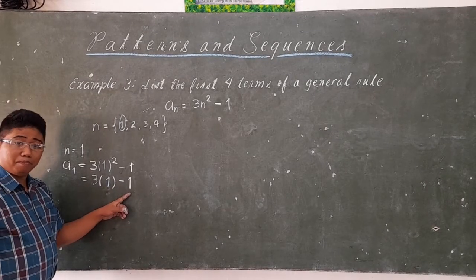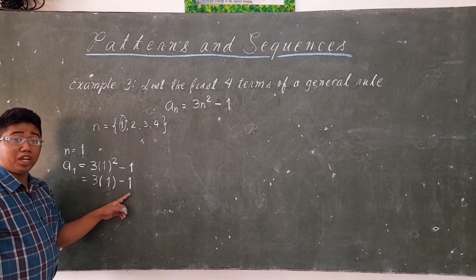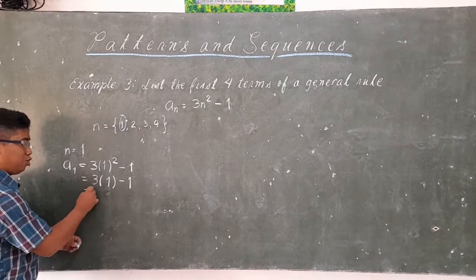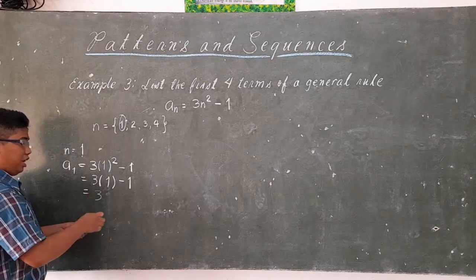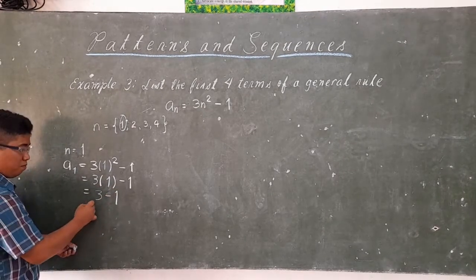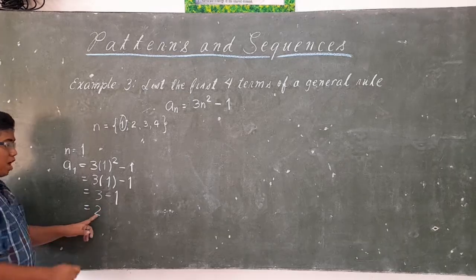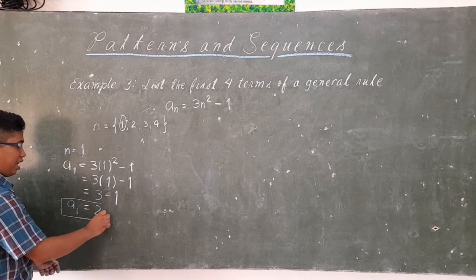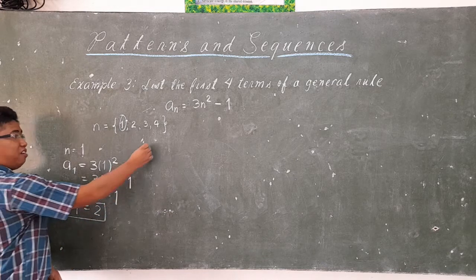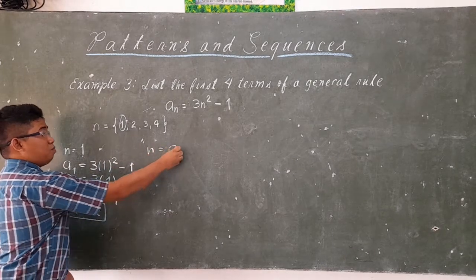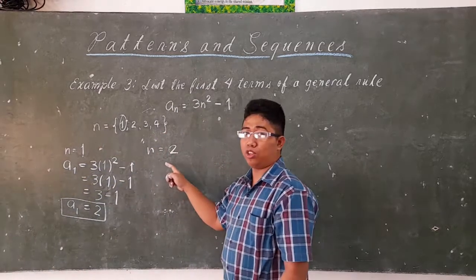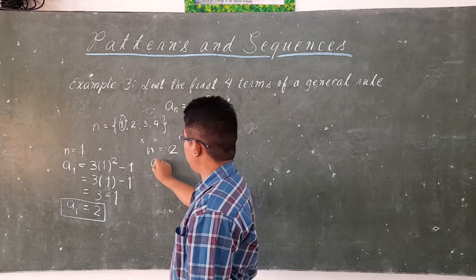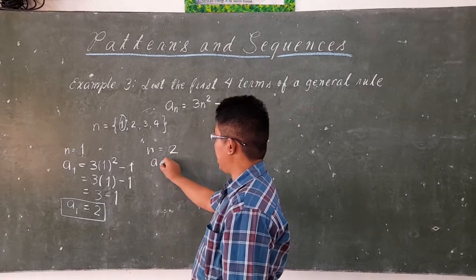What will be the next step? The next step is to multiply. So 3 times 1 is equal to 3. So 3 minus 1 is equal to 2. So a sub 1, which is the first term of the given general equation, is 2. How about if n is equal to 2? So a sub n becomes a sub 2.